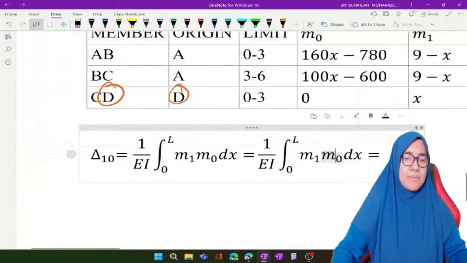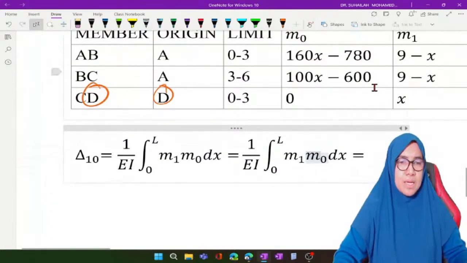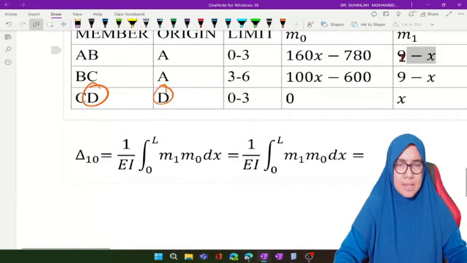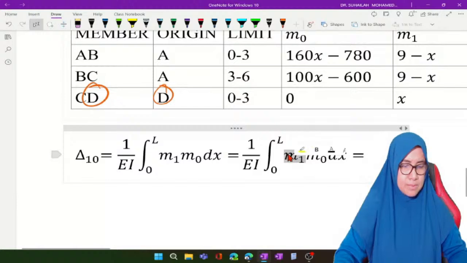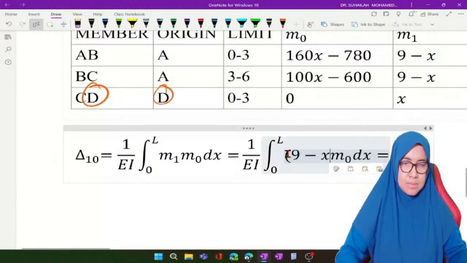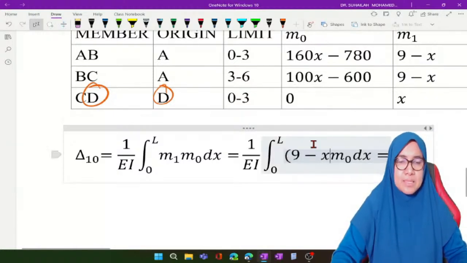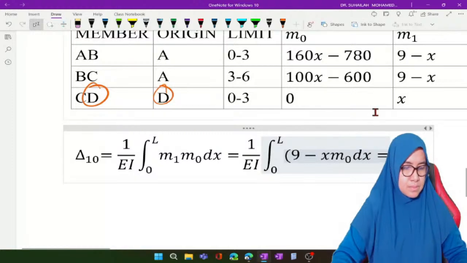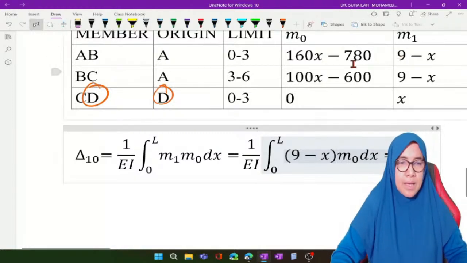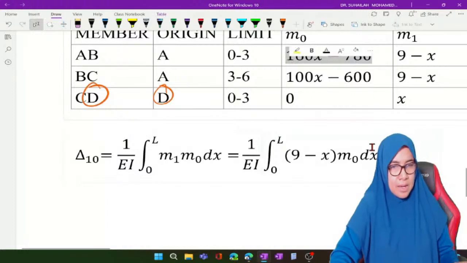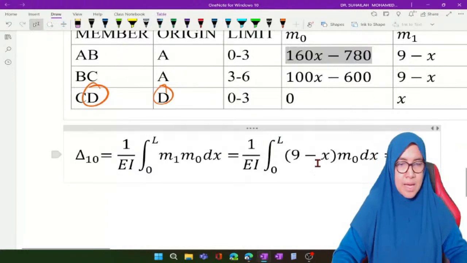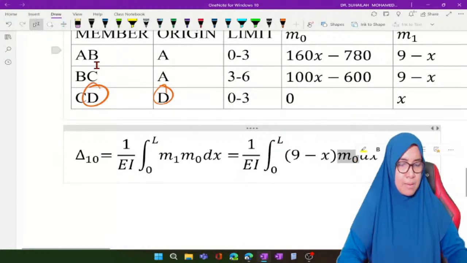M1 is 9 minus x, times M naught, 160x minus 780. So we replace M naught.